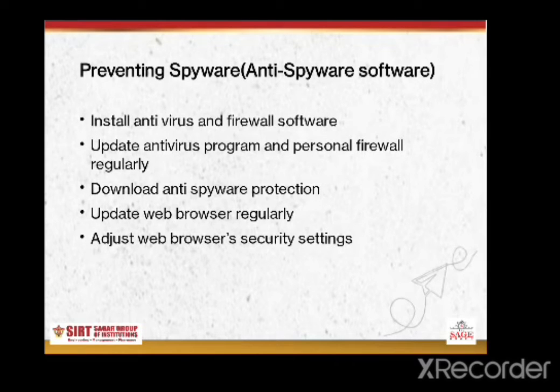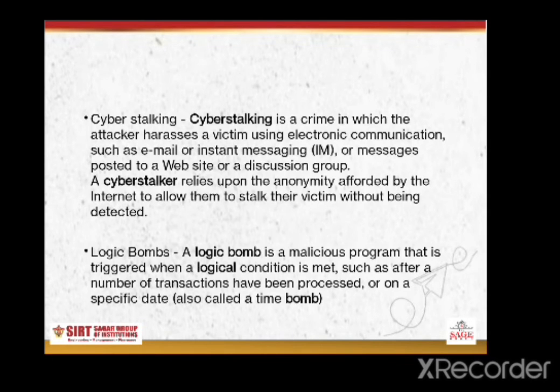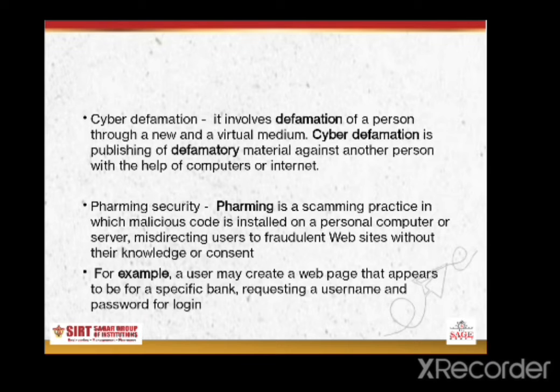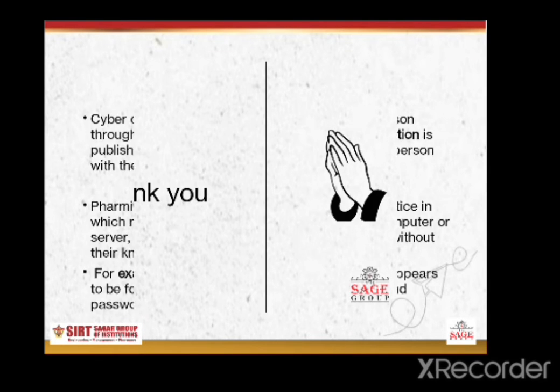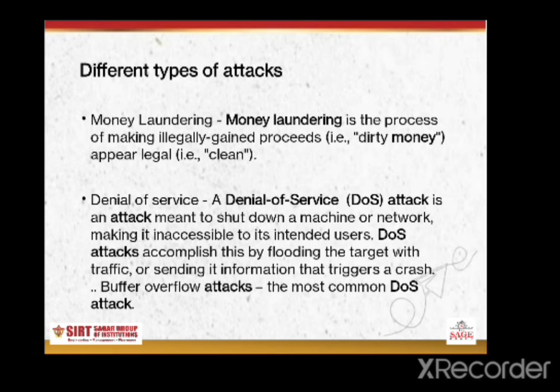Now, there are different types of attacks on the system like money laundering, denial of service, cyber stalking, logic worms, cyber defamation, and pharming security. So this is what the different types of attacks are. If I'm talking about money laundering, this is the process of illegally gained dirty money. We can say that in money laundering, people get black money and they convert this black money into white money.